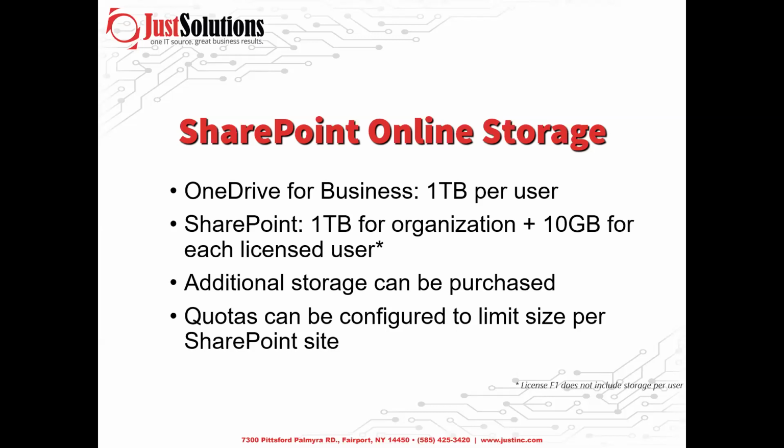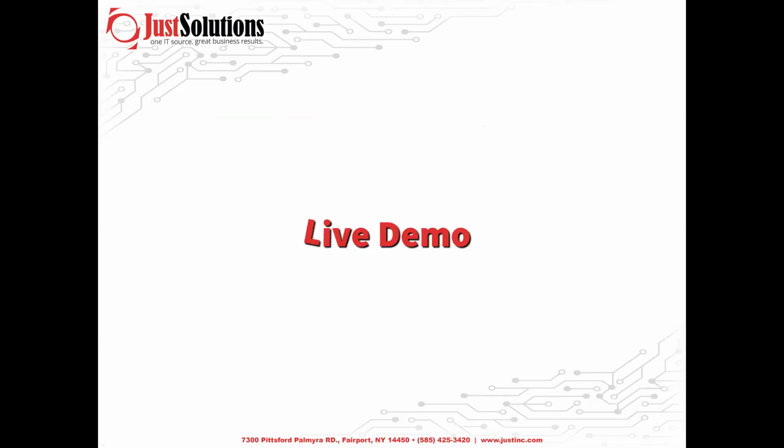The only exception is F1, and I don't think I've ever sold an F1. I've sold K1s, E1s, B1s. There are lots of other levels, but I'd have to look at what an F1 is to see why that's not included. Maybe F is for free. Maybe they're not giving you 10 gig extra for each free user.